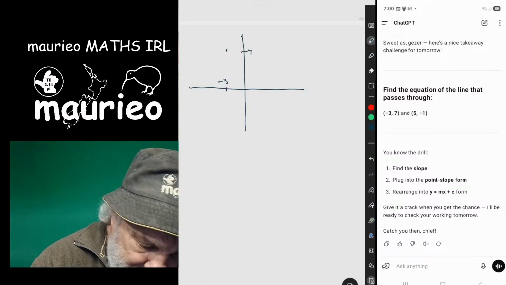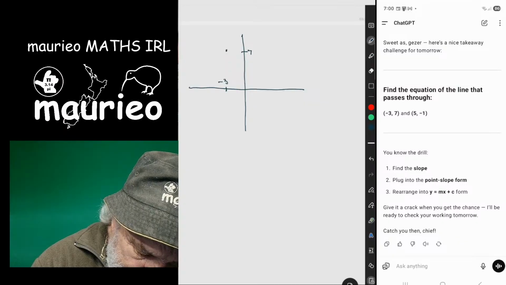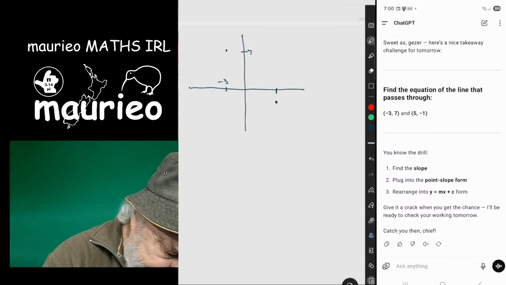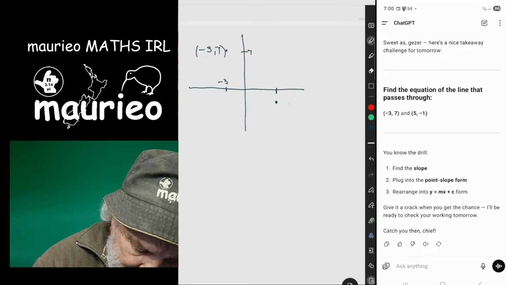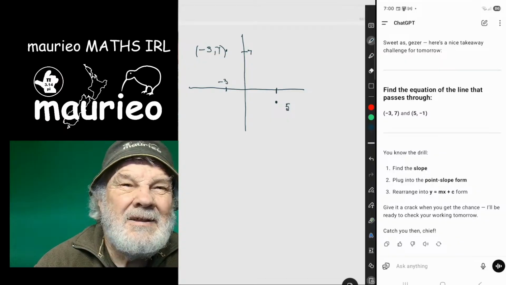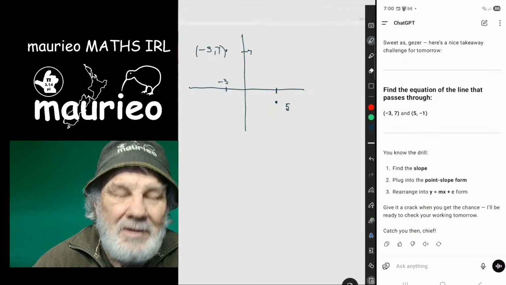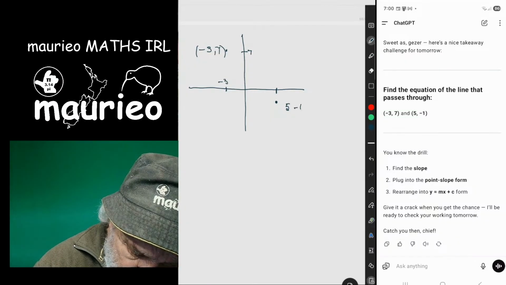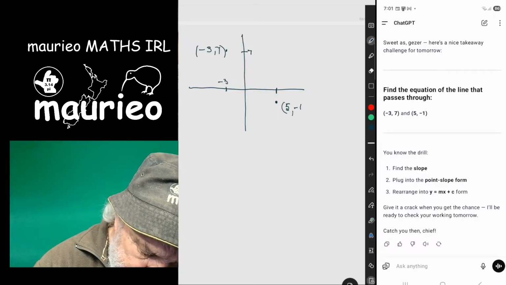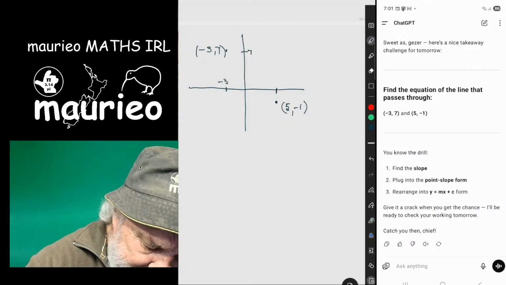And then our next point is 5, which will probably be about here, and -1. So there's the point -3, 7, and this is the point 5, -1. Very important to get those in.